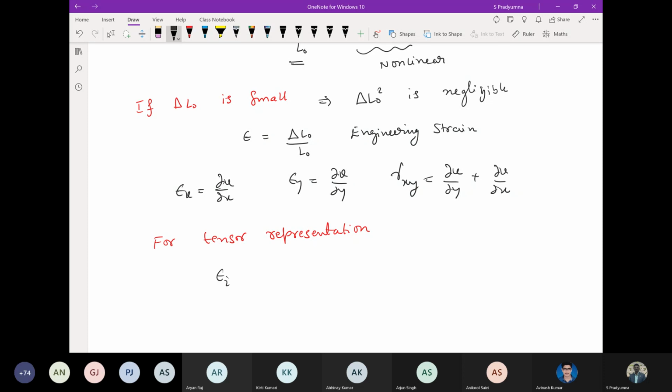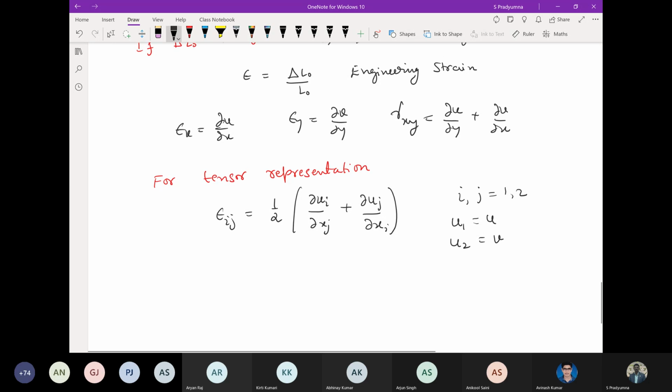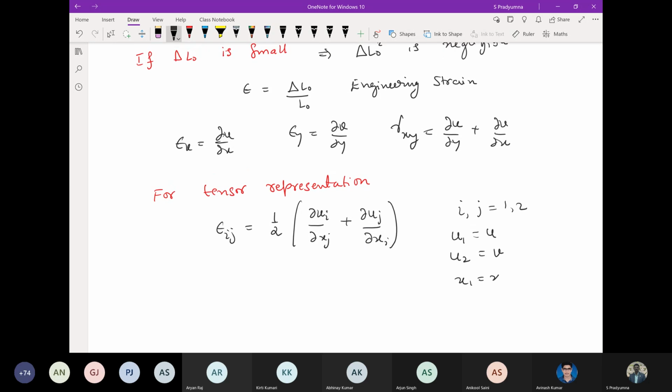we write that epsilon ij is equal to 1 by 2 del ui by del xj plus del uj by del xi. Here i and j can be equal to 1 and 2. Here u1 is equal to u, u2 is equal to v, x1 is equal to x, and x2 is equal to y.